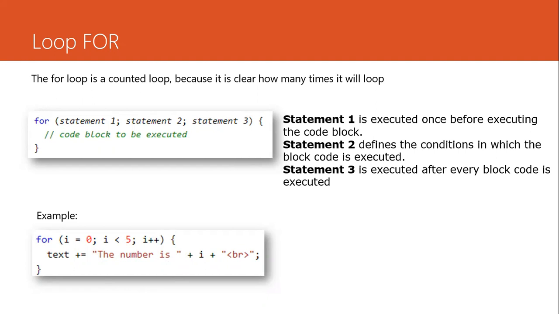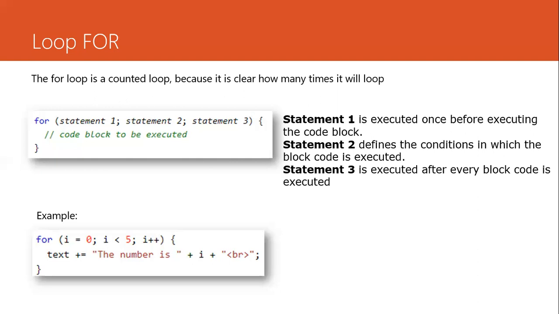So i for now is 1 plus 1. This is 2, and then I will execute the for again, and I check again whether i is less than 5. Because our i is still 2, it's true.